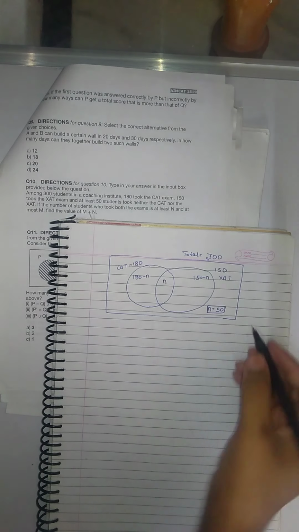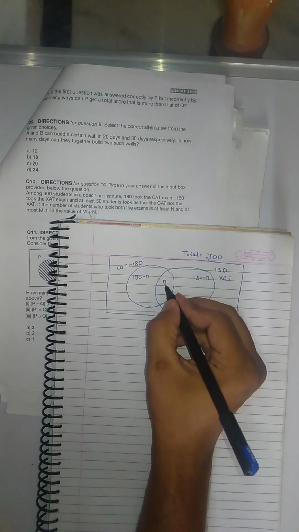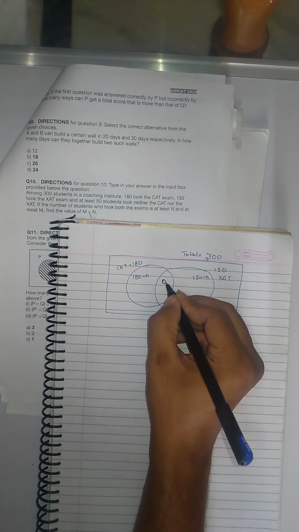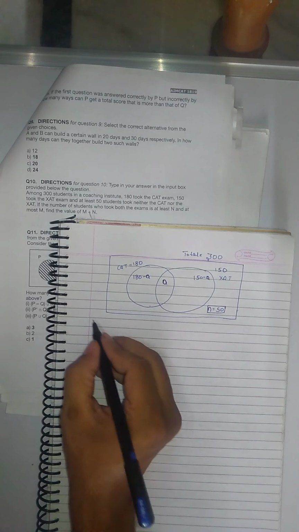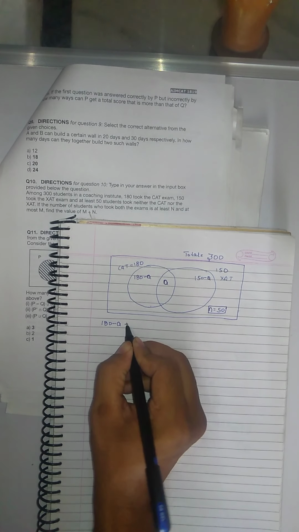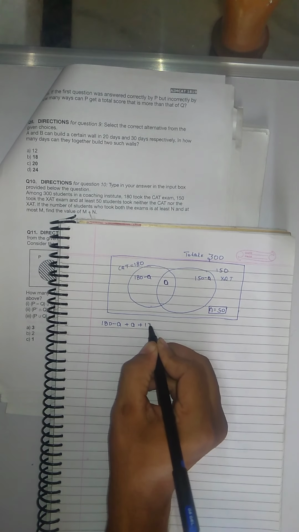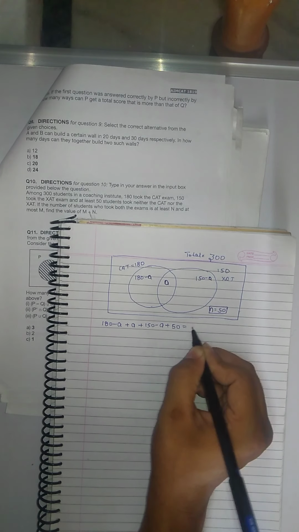Actually we are not getting n, we suppose that this is our a, so this is also a and this is also a. So our total is 180 minus a plus 150 minus a plus 50 is equal to 300.